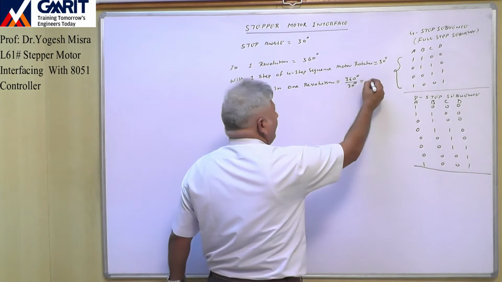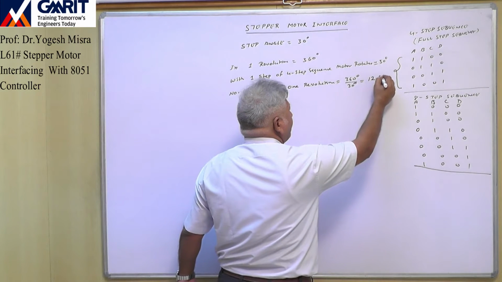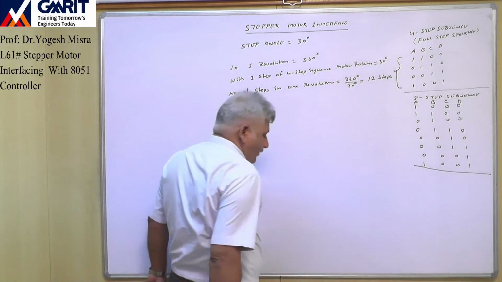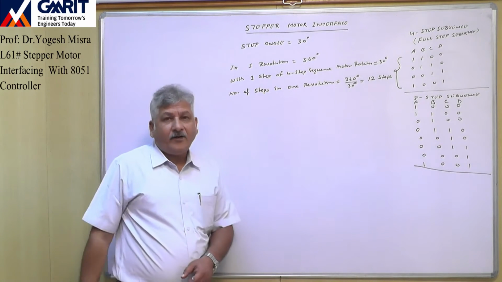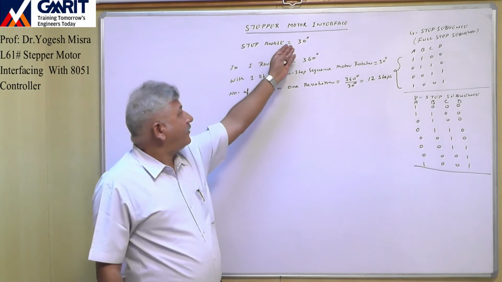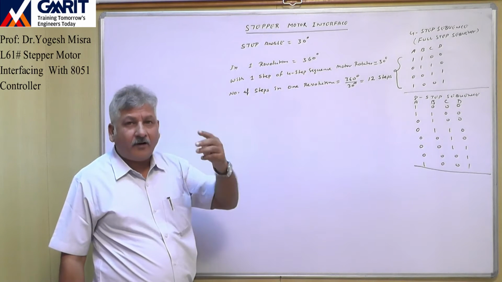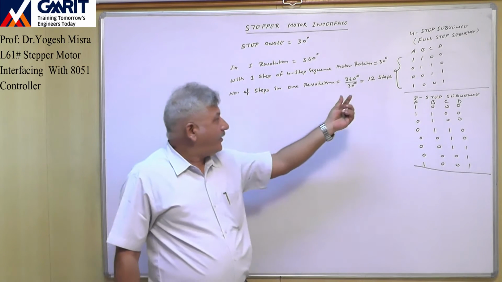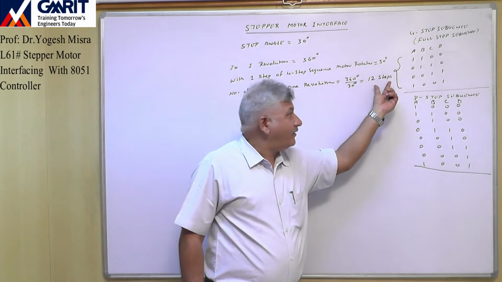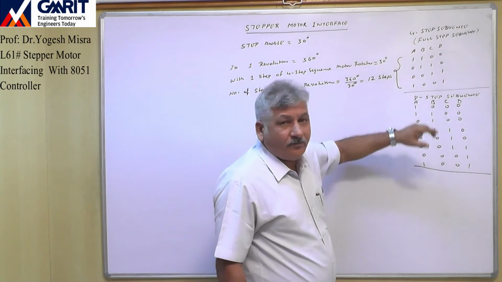So here we will get 12 steps. So if we have a stepper motor with step angle 30 degree, then to complete one full revolution we require 12 steps of this 4-step sequence.